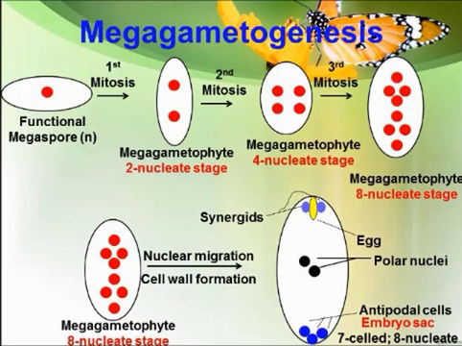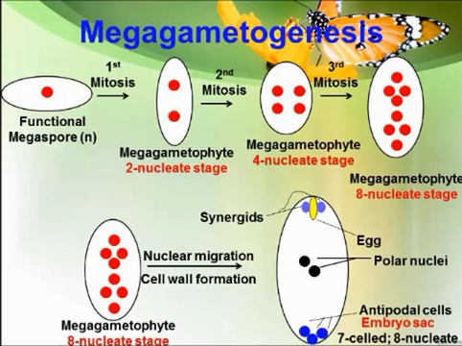These resulting 8 nuclei position themselves in an arranged manner as shown in the last diagram of the figure. The 2 center nuclei fuse together and are called polar nuclei. 3 cells are grouped together at the micropylar end and constitute the egg apparatus.